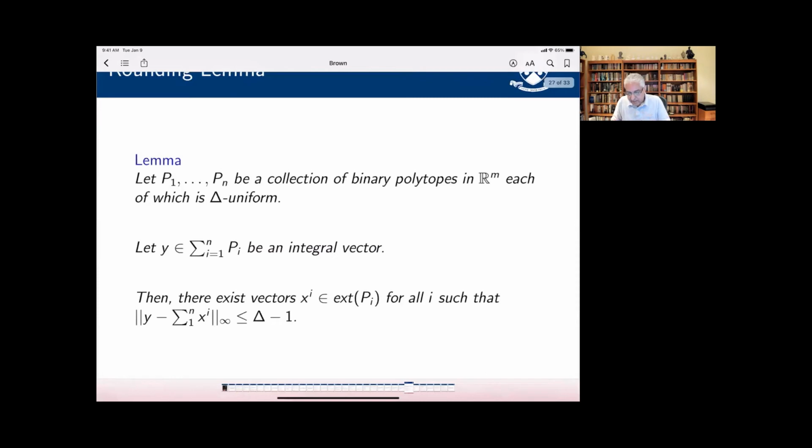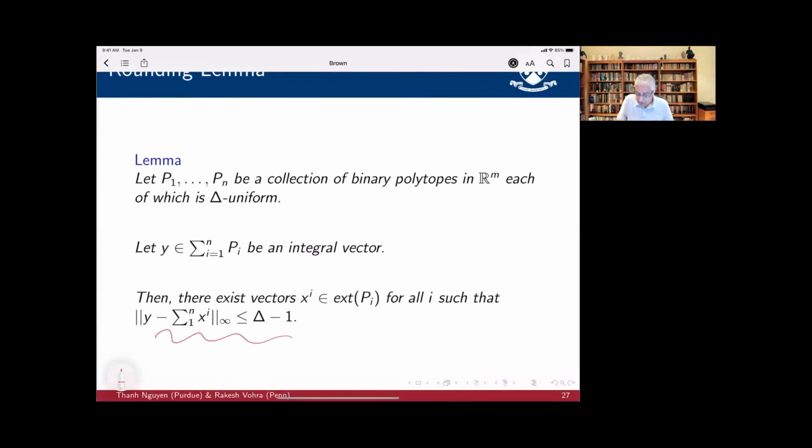Okay. So here is the lemma that we use, which has applications beyond competitive equilibrium. You give us a collection of binary polytopes, which have the property that the L1 norm of the edge lengths are all less than delta. Pick something in the Minkowski sum of those polytopes, then we can guarantee the following. Notice, sorry, we're using the L infinity norm, okay, not the L1 norm.